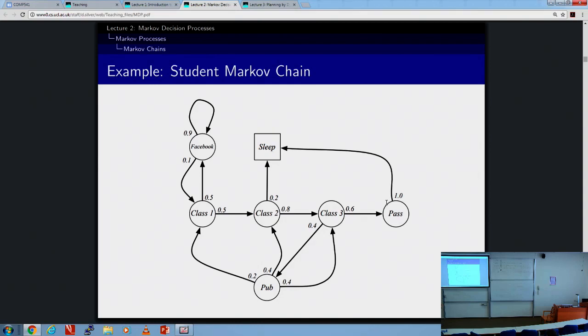And you're not taking any decisions or deciding any policies. You're basically being drifted passively in the universe. And also, you have no utility function, so you have no rewards. You don't care whether you're doing Facebook or class number 1, etc. So this is the student Markov chain.